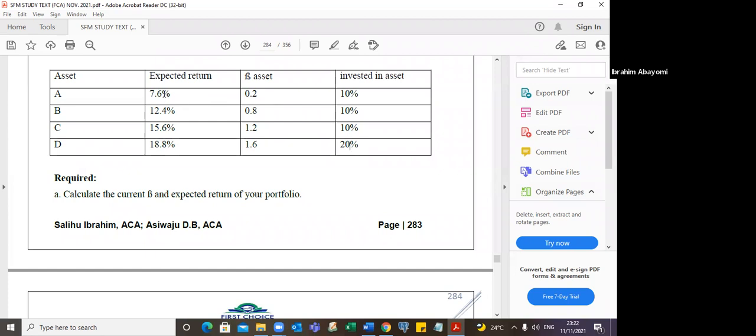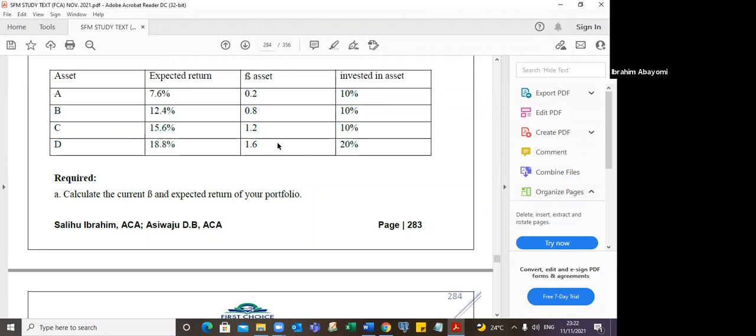Look at our beta here. Can you see that beta? Multiply this beta by the weight. What's the weight? It is 10%, 10%, 10%. If you add all this together, it's 50%, Abby.